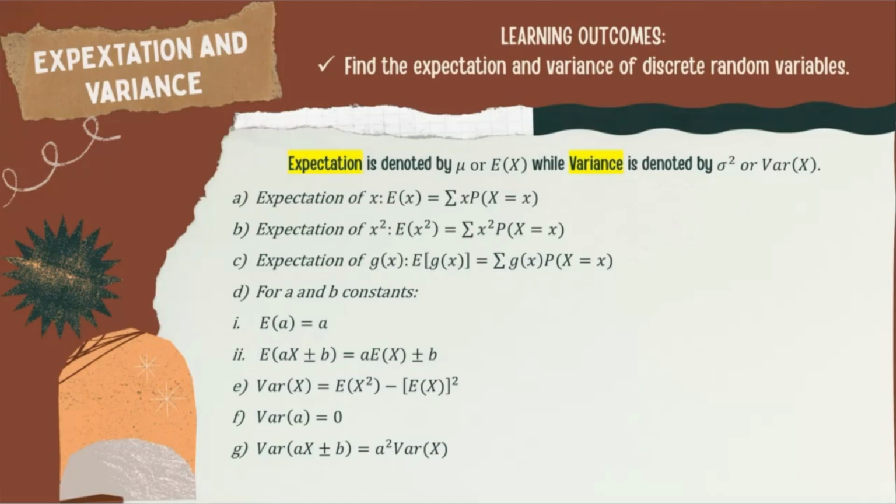Sometimes it doesn't use the word expectation. It can use the word mean, or the word average, or any other words that have the same meaning as mean. We can use any word that refers to the mean.